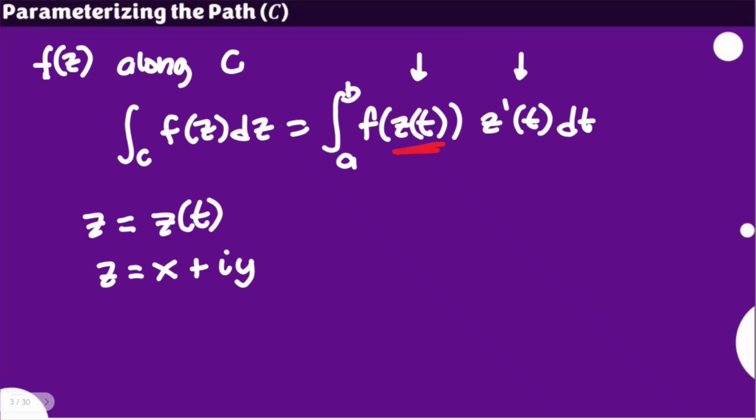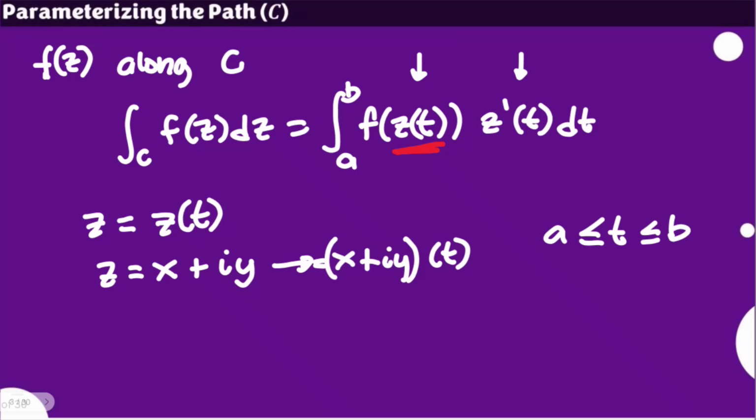This time, since we're going to parameterize that, this would yield x of t plus iy of t, any variable of t. But this t is in between a and b, the endpoints that you're going to consider here.